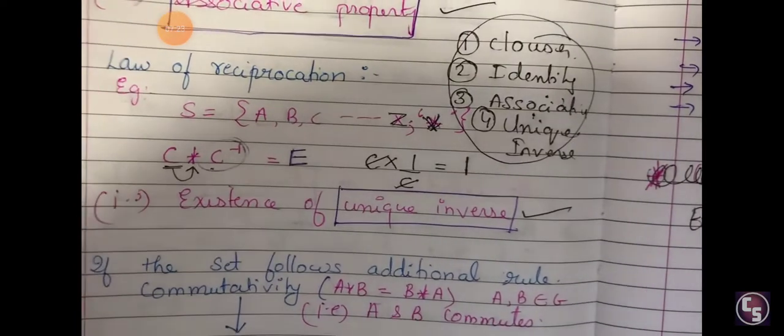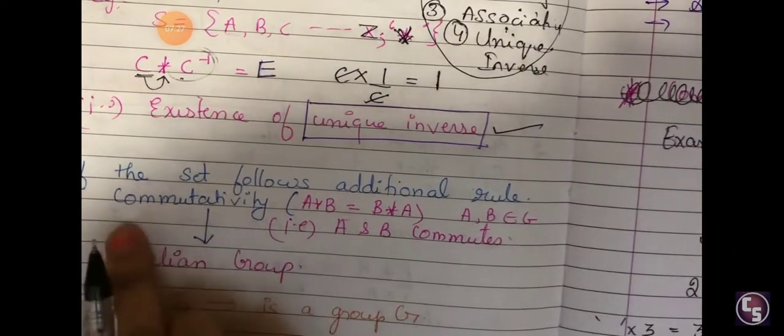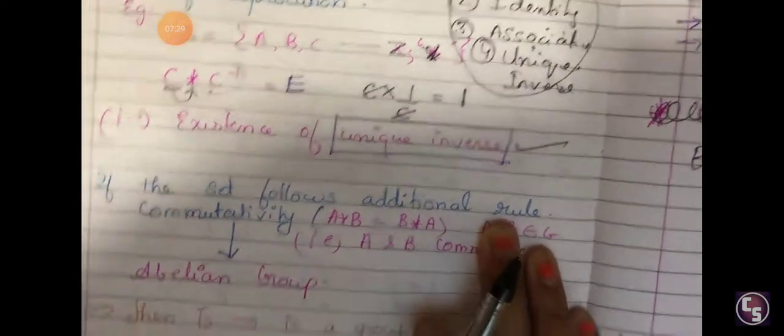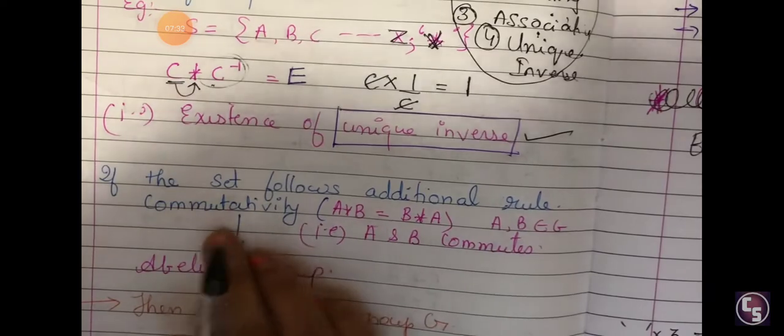Now if a set is following one additional rule, that is commutative, that is what the meaning of commutative is.